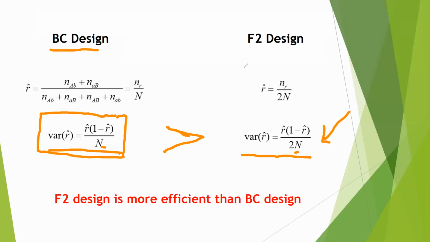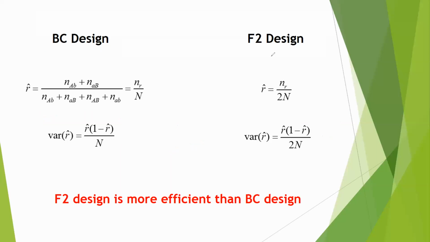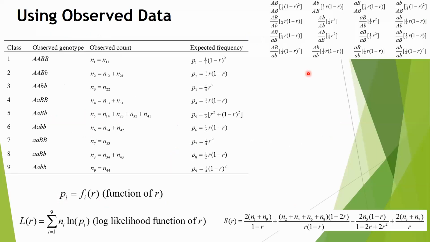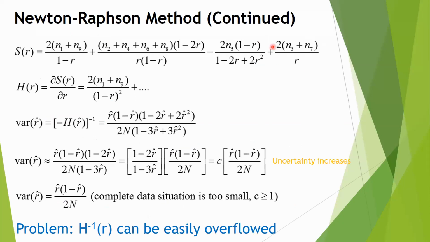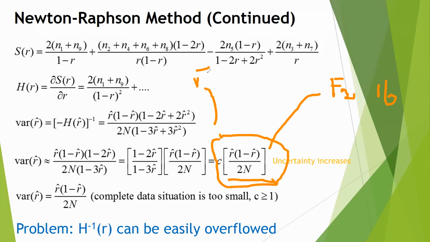Because of this. Now, the same thing here. This part is the variance for F2 when 16 categories can be observed, right? But the whole thing here is for F2 with only 9 categories observed.